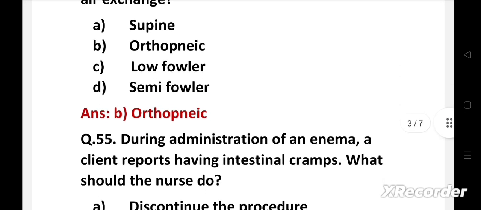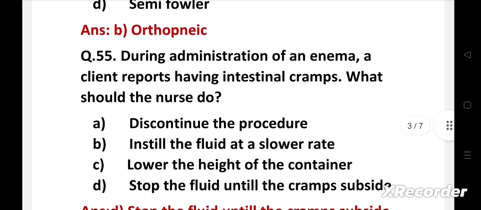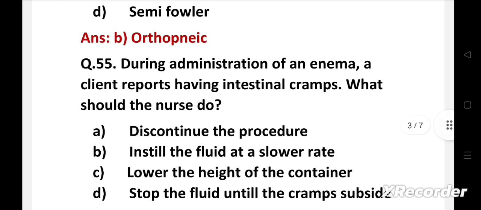Next question. During administration of an enema, a client reports having intestinal cramps. What should the nurse do? Option A, discontinue the procedure. B, instill the fluid at a slower rate.